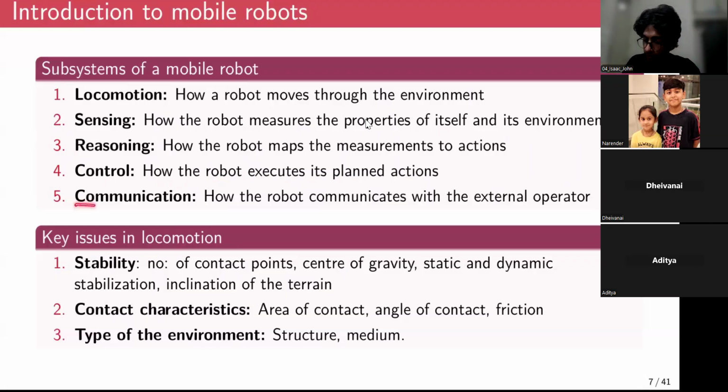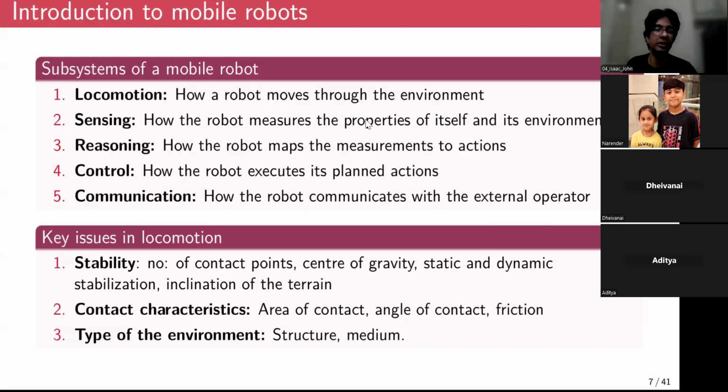And the final subsystem is the communication module: how the robot communicates with an external operator. You could have multiple ways of communication. You could communicate with the robot with a remote. If you press the forward button, it will go forward. If you press the backward button, it would come backward. Or it could have fully autonomous control where a human operator need not be monitoring at all stages.